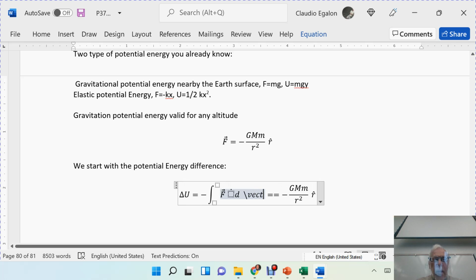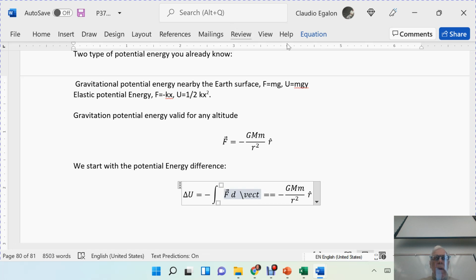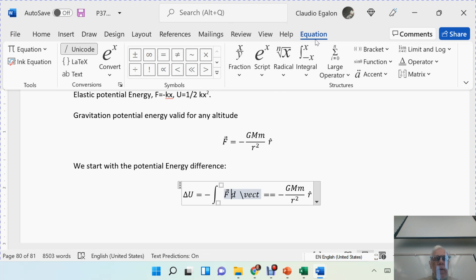I hate that. Why is it doing that? Let's look at my keystrokes. Here you go, that's the one I want.